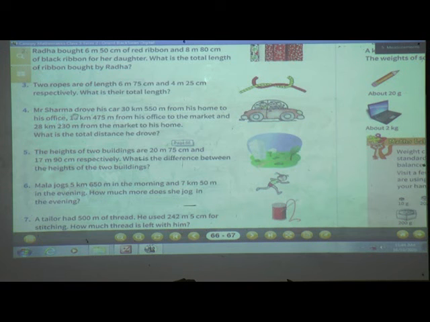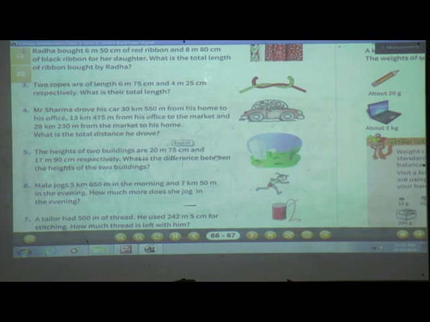Then 13 km 475 meter from his office to the market and 28 km 30 meter from the market to his home. What is the total distance he drove?